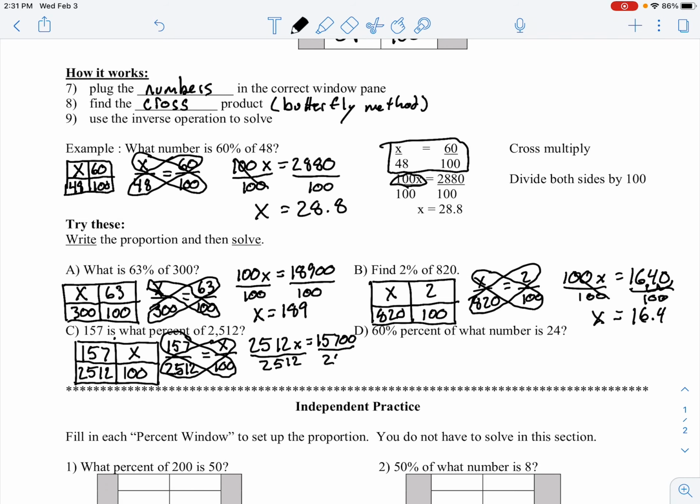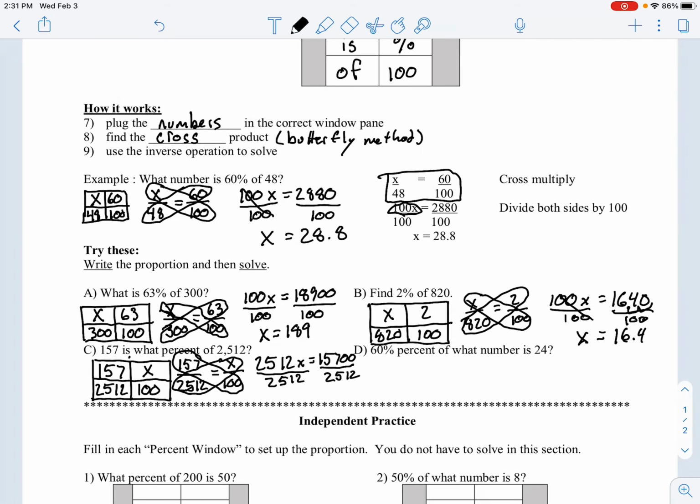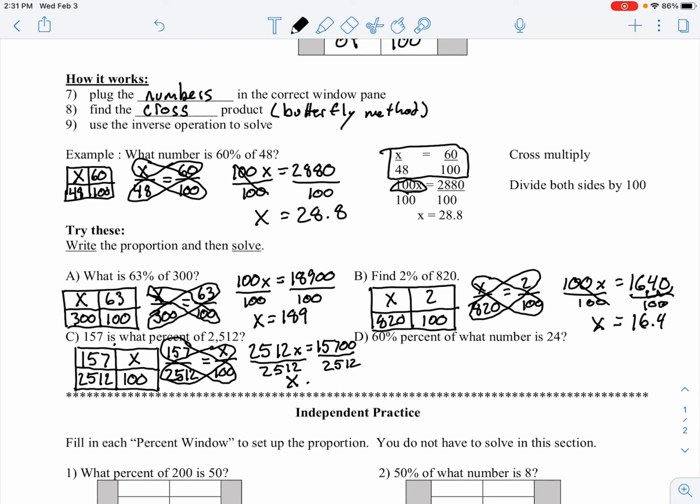Divide by 2,512. And we will get x equals, so 15,700 divided by 2,512 will be 6.25. So that means 157 is 6.25% of 2,512.